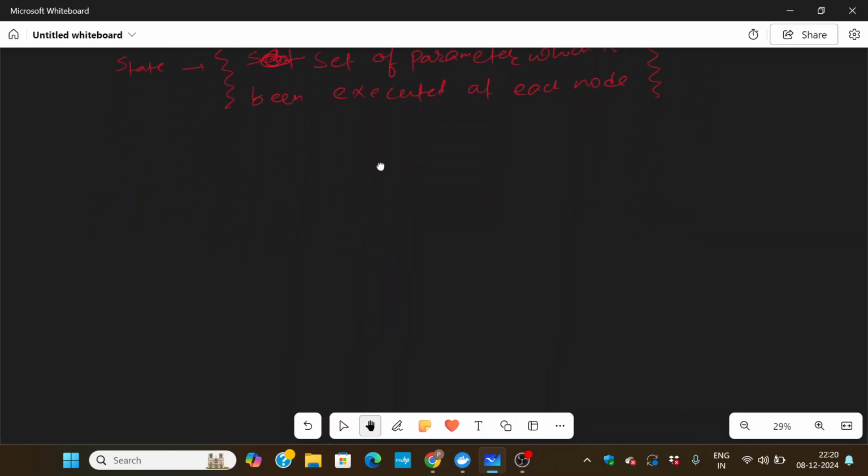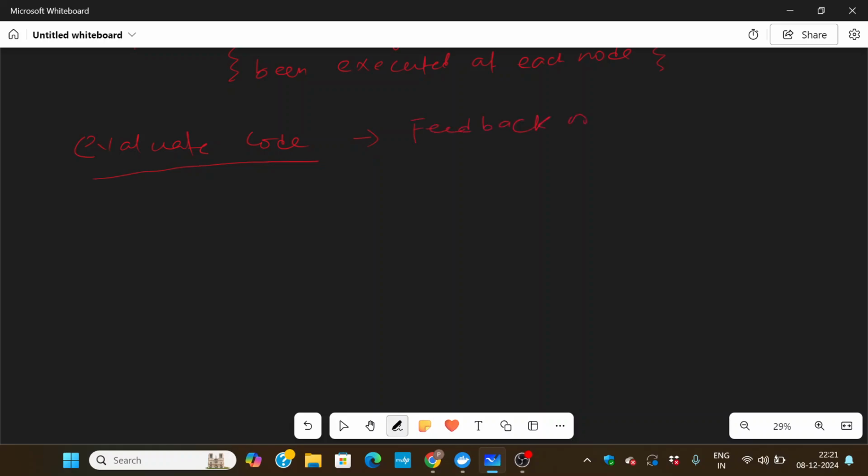Let us say you are working in an education department and you have to evaluate code. For the evaluation of code, let us say we fix two parameters: one is the feedback on the code, and the other is the rating to be given on the code.